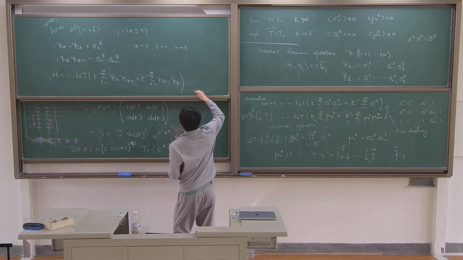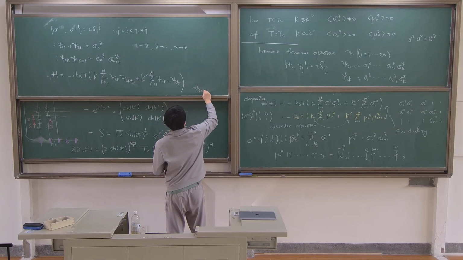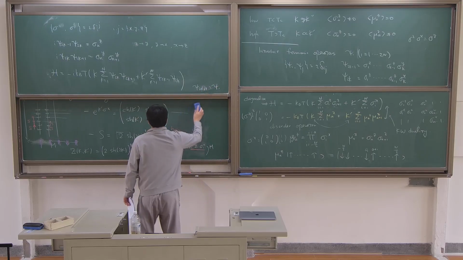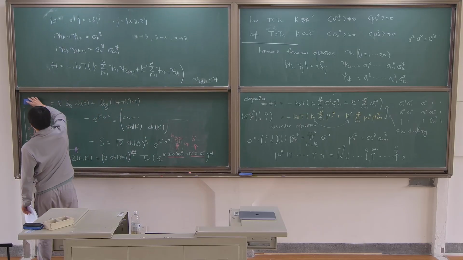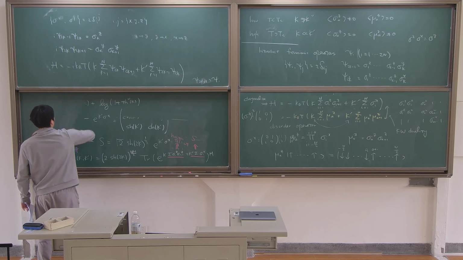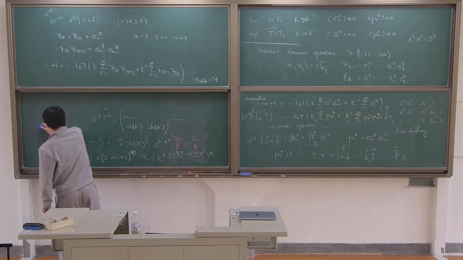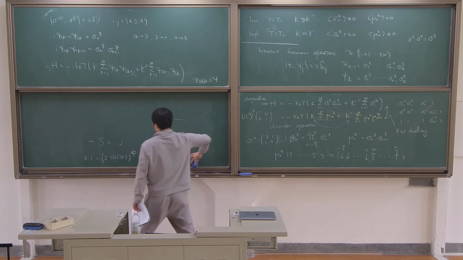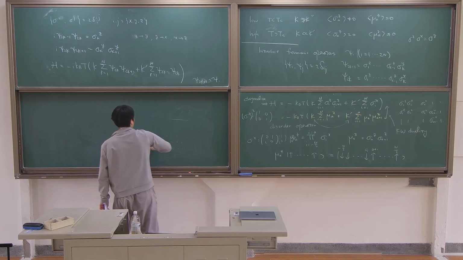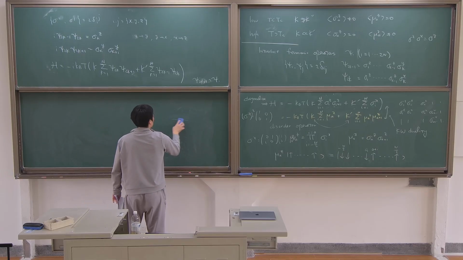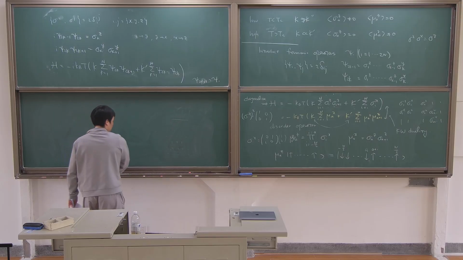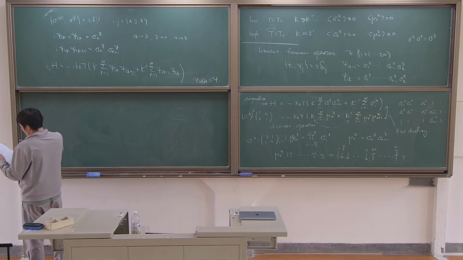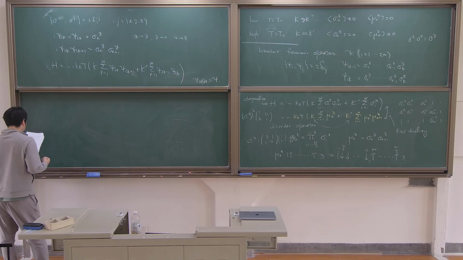And we call this the periodic boundary condition, which means the site n plus 1 is identified with 1.